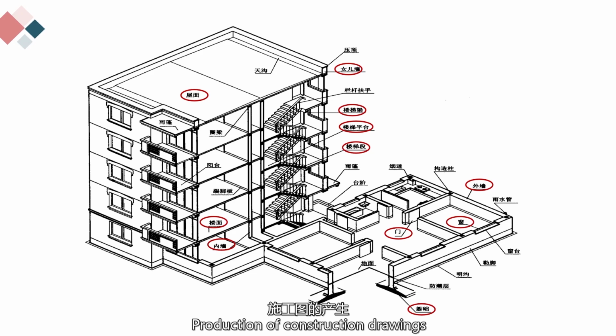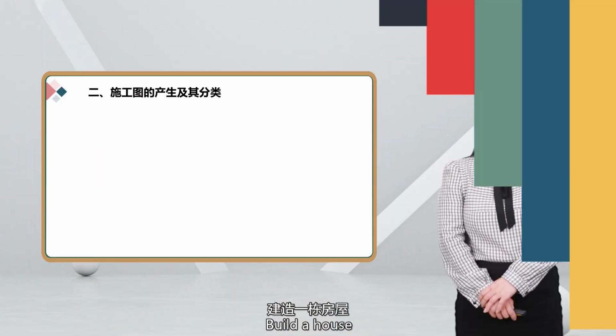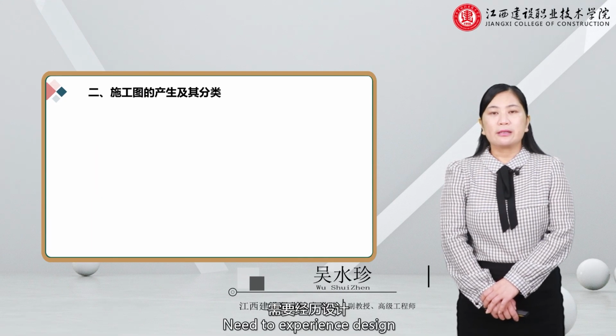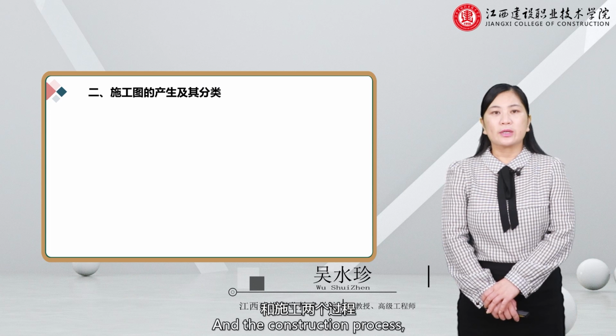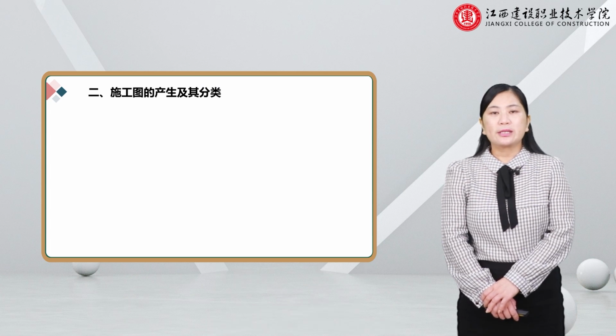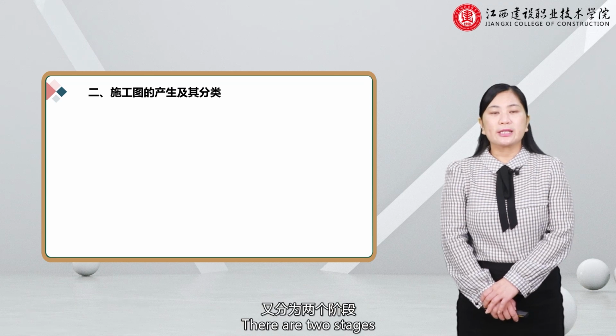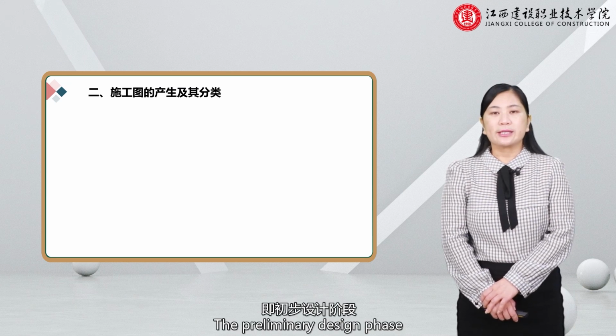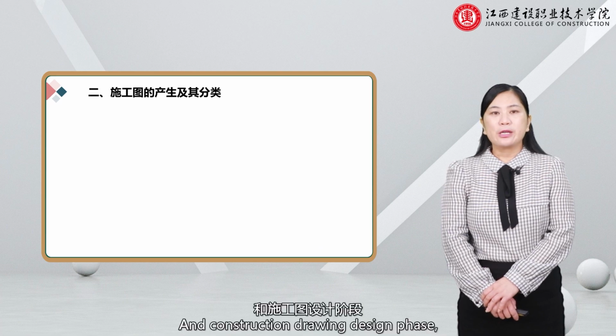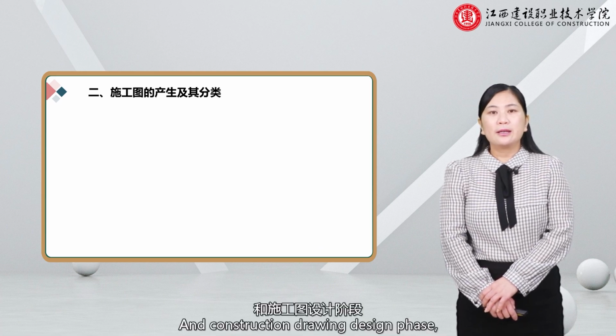Production of construction drawings and its classification. To build a house, we need to go through the design and construction process. The general house design process has 2 stages: the preliminary design phase and the construction drawing design phase.